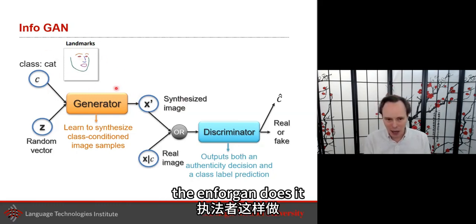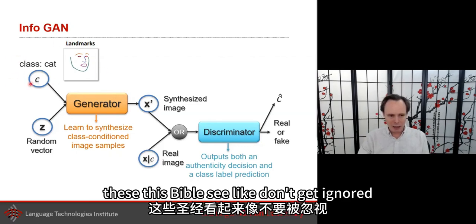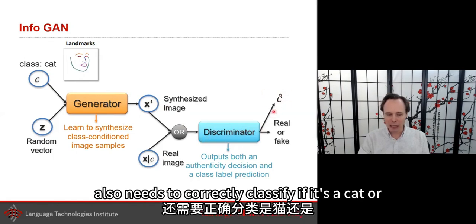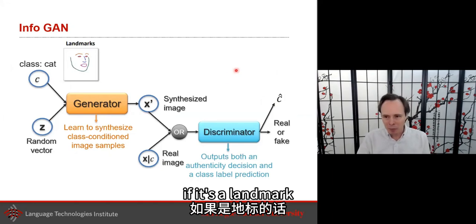The InfoGAN does it in such a way to be sure that the conditional variables don't get ignored. It makes it such that at the end the discriminator also needs to correctly classify if it's a cat, or it could also be a regression task if it's a landmark.